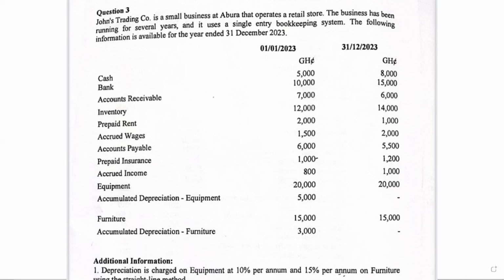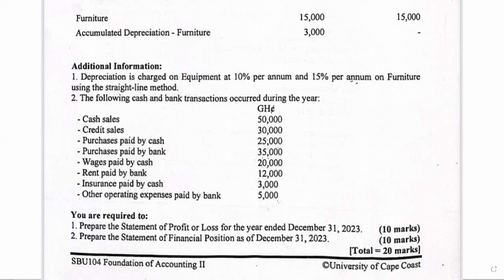We have the cash, the bank, accounts receivable, inventory, prepaid rent, accrued wages, accounts payable, prepaid insurance, accrued income, equipment, accumulated depreciation for equipment, furniture, and accumulated depreciation for furniture. The additional information: one, depreciation is charged on equipment at 10% per annum and 15% on furniture using the straight line method.